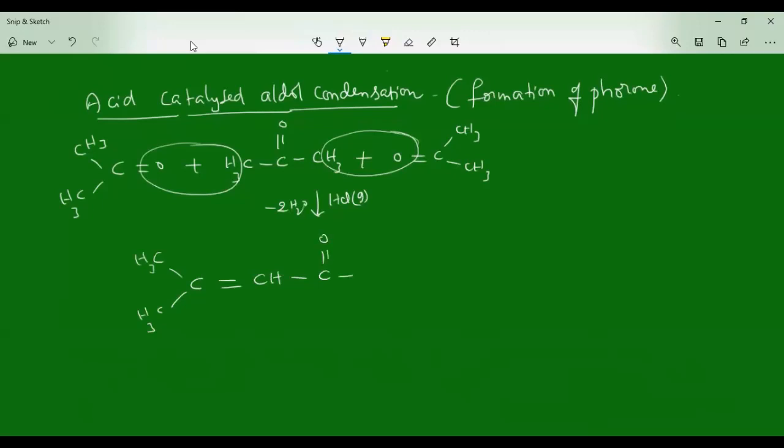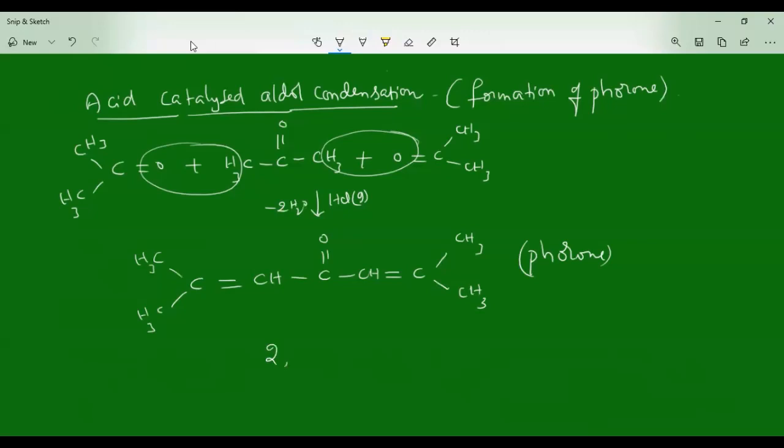The middle acetone will be providing oxygen to the structure, and the terminal groups are methyl groups on these double bonded carbons. And this we will call phorone. The compound name is phorone. It is also a ketone.